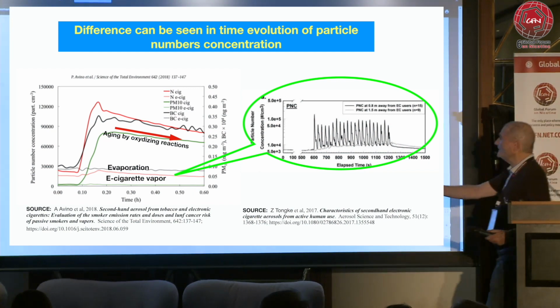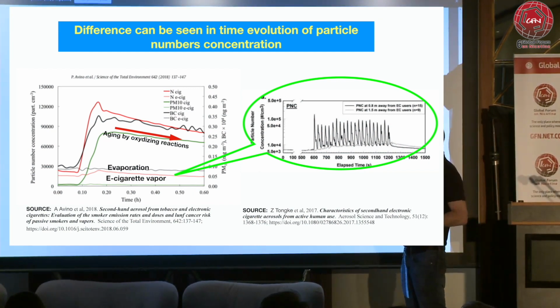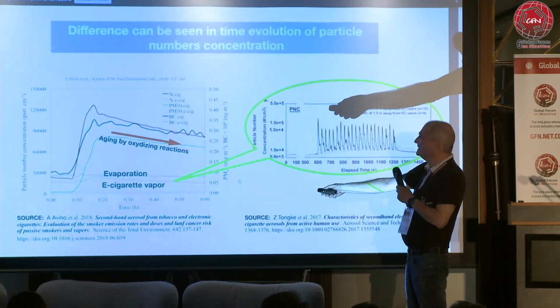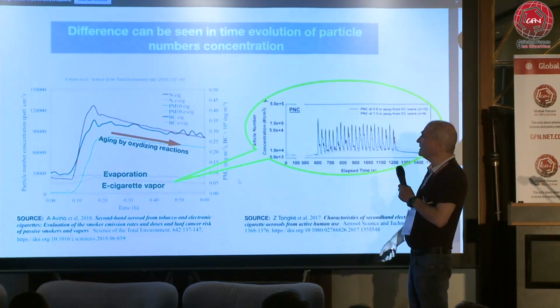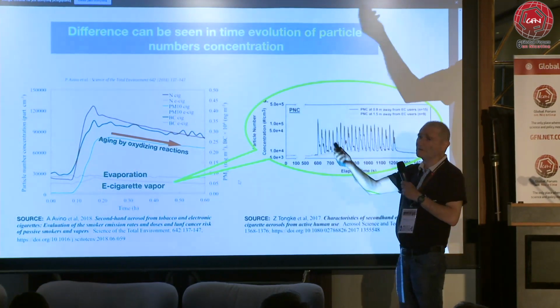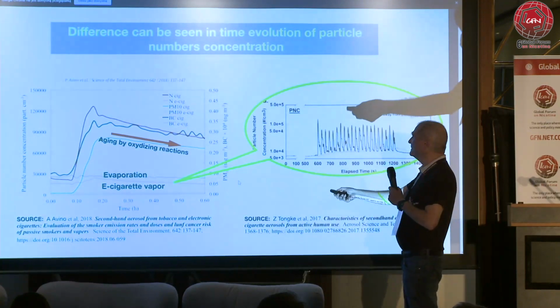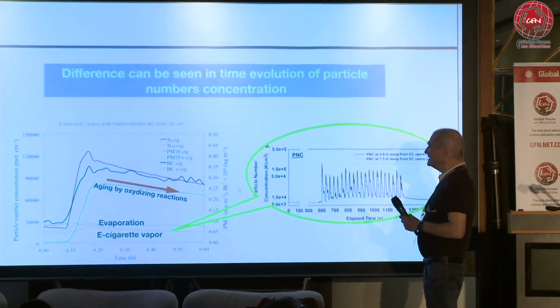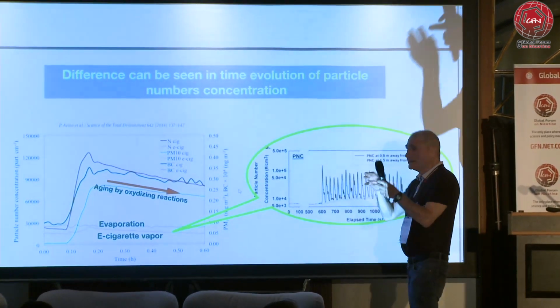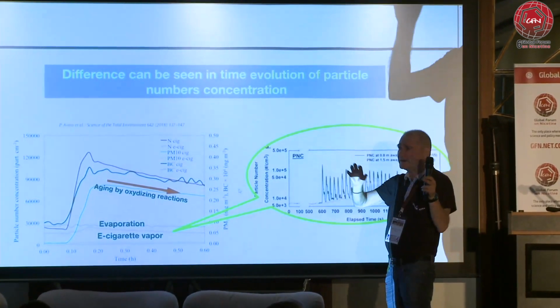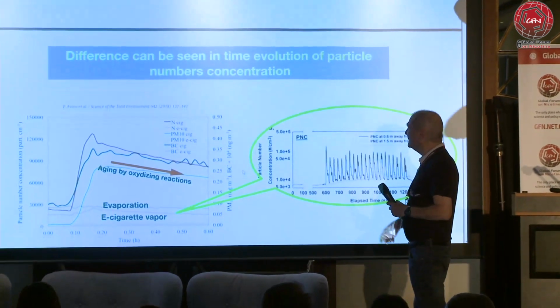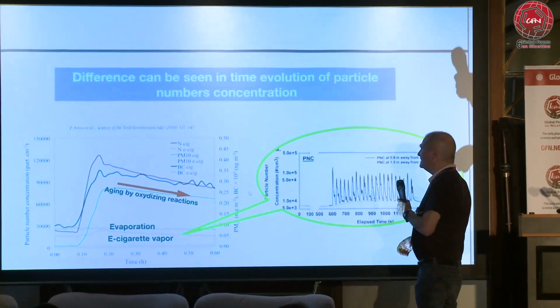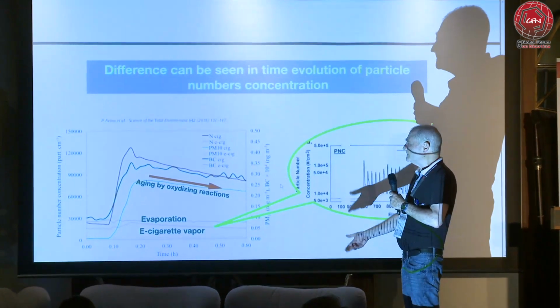Now here we have the graph on the left. You can see the moment you light a cigarette, there is a large emission of particles. And then these particles, they remain in the atmosphere because they are aging. So there's this process of aging, and this is why it stays, because all these particles and the gas phase are having oxidizing reactions. On the other hand, with the electronic cigarette, the main physical process is evaporation.